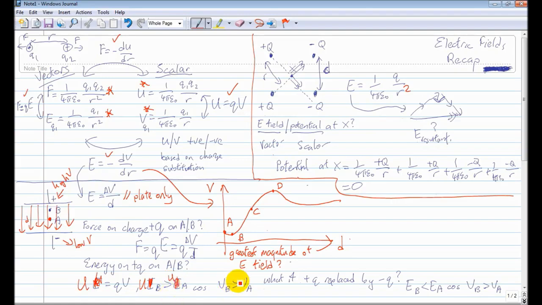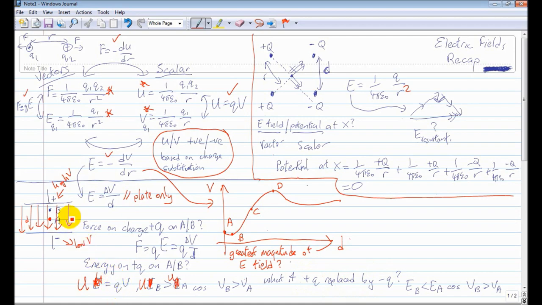However, if the positive charge is replaced by a negative charge, I compare A and B again. Now because this is energy, remember that for this case I have to sub in the charge sign. Just now it was plus Q multiplied by VA and plus Q multiplied by VB. Now if the positive Q is replaced by negative Q, this thing becomes negative.